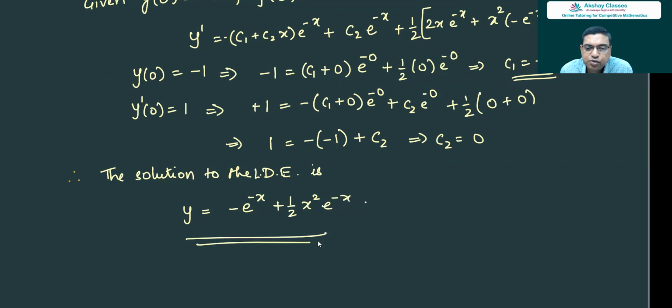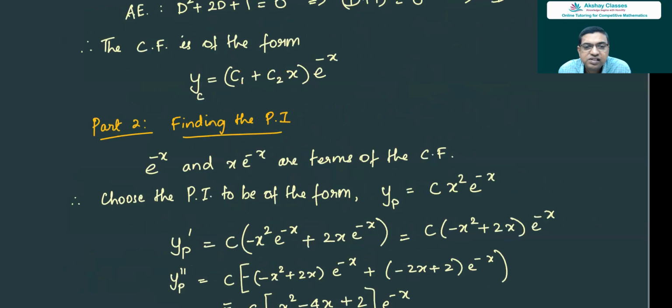So this is the solution. So this is the method of undetermined coefficients. This is a simple method.